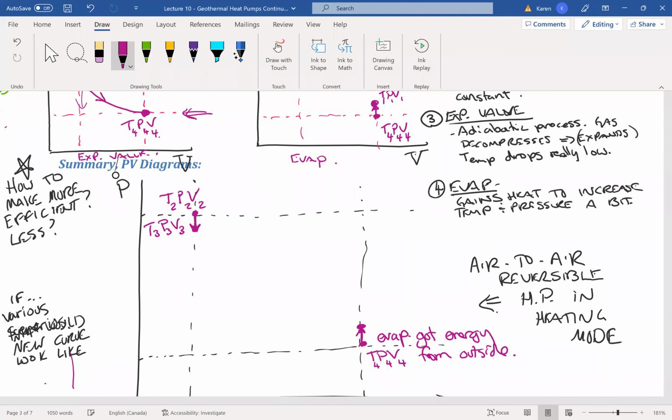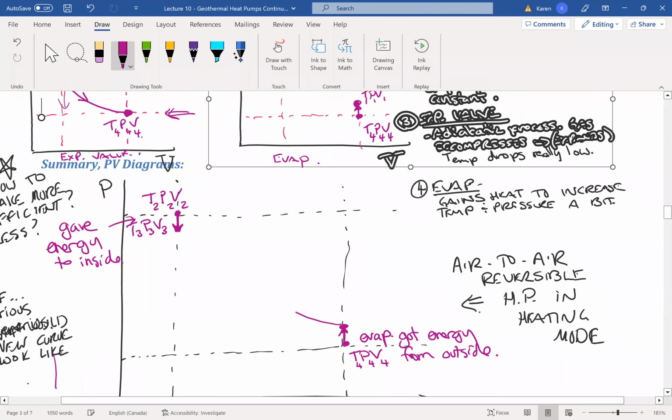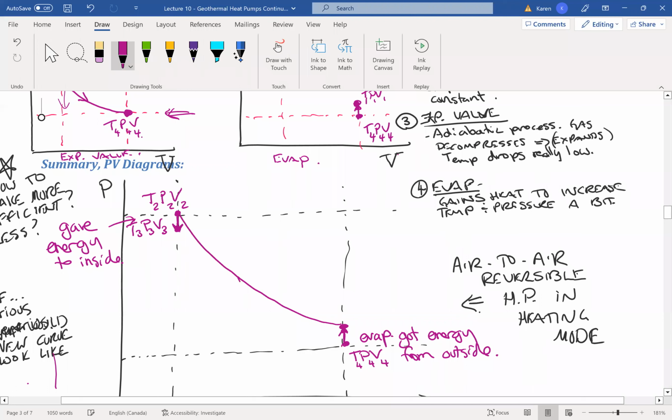Those molecules got a little bit bigger and here gave energy to inside because this is in heating mode. It's a heat pump in heating mode. And then in between there, you had your compression and you had your expansion.